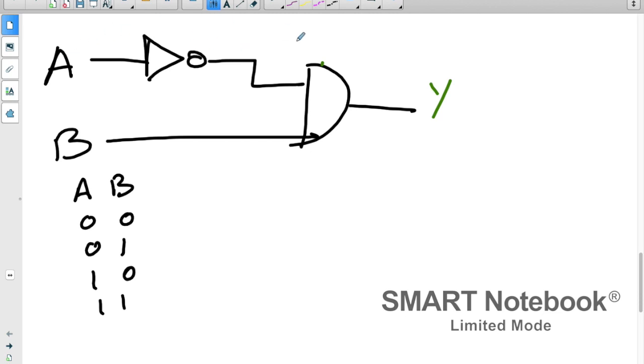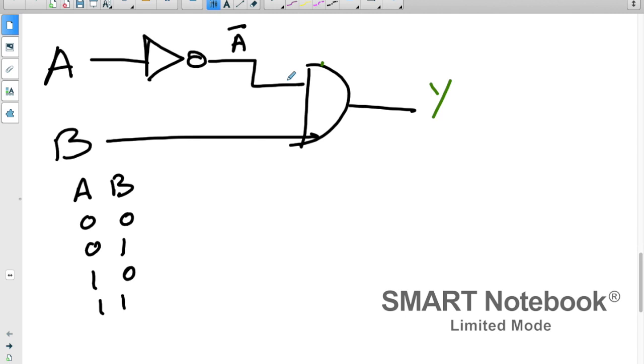So, A naught, the opposite of A in geometry. Does anyone remember the opposite of A? It is called A naught. You're going to put a line over it. If you put a line over A, it's called A naught. That is the symbol that we're going to use for this.